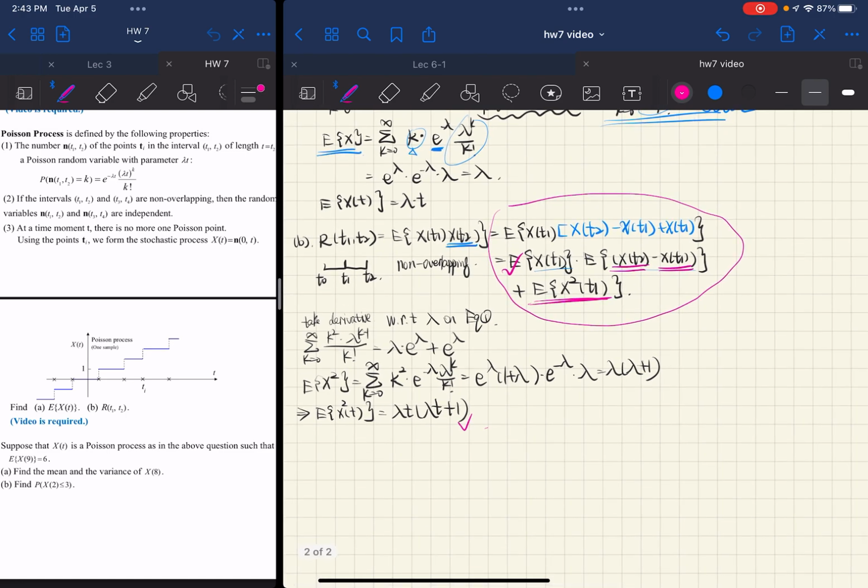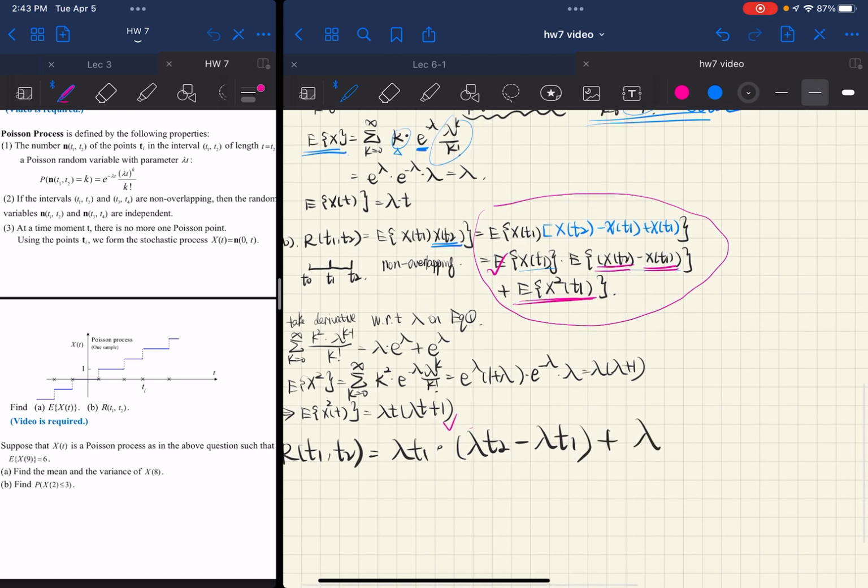So we can write this equation as lambda t1 times lambda t2 minus lambda t1, plus lambda t1 times 1 plus lambda t1.